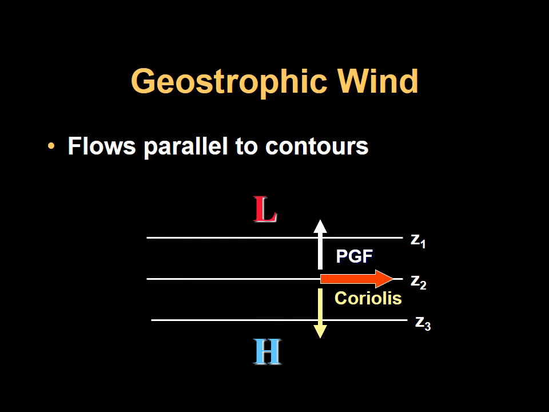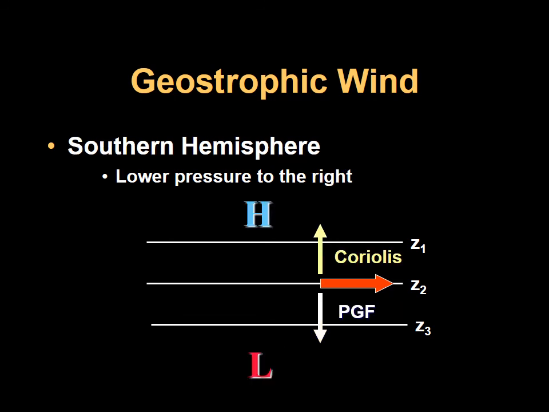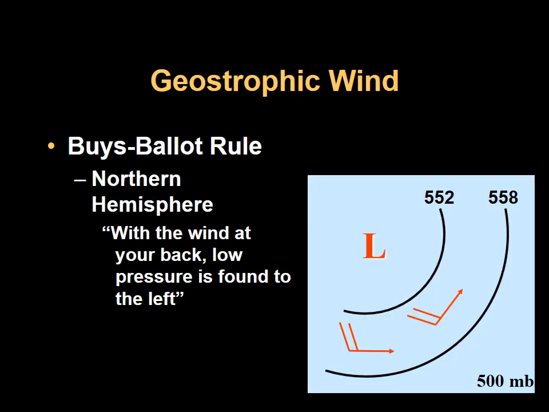So, to summarize, geostrophic wind flows parallel to the contours, with lower pressure to the left in the northern hemisphere and lower pressure to the right in the southern hemisphere. Another way of looking at this is the old Buys-Ballot rule, which says that with the wind at your back, you'll find lower pressure to the left. And if you're in the southern hemisphere, with the wind at your back, lower pressure is found to the right.